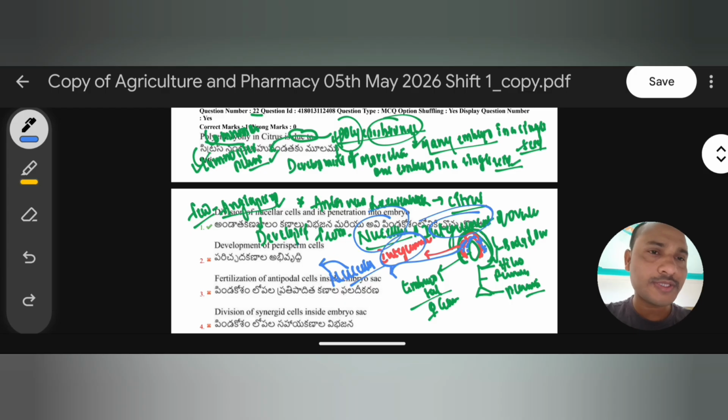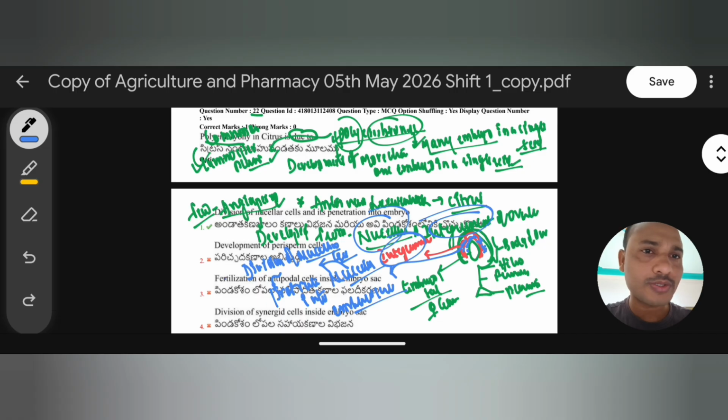How does this occur? Very important: there is a division of nucellus cells or tissues. Some of the nucellus cells protrude into the embryo sac. I will show you.